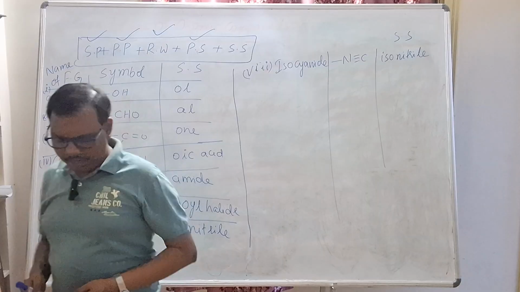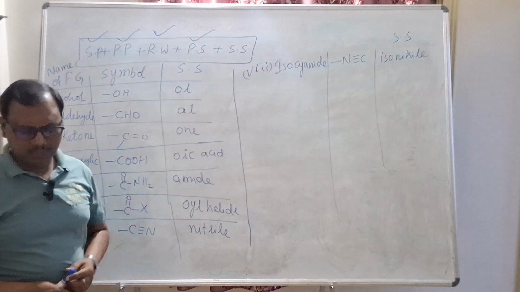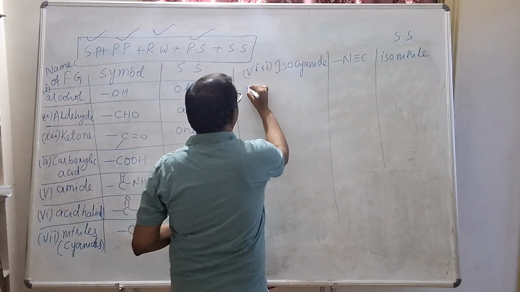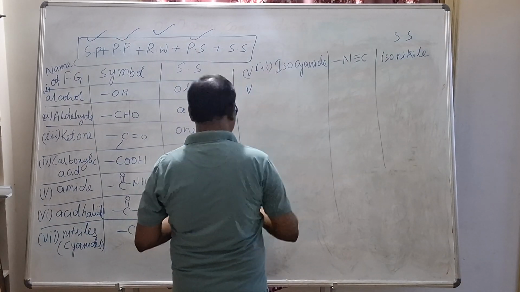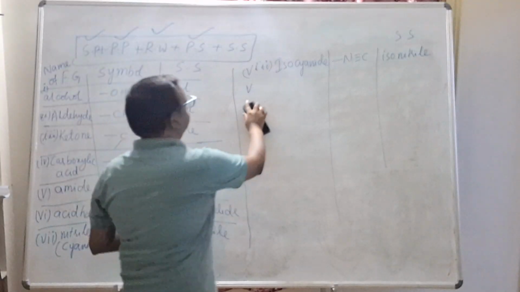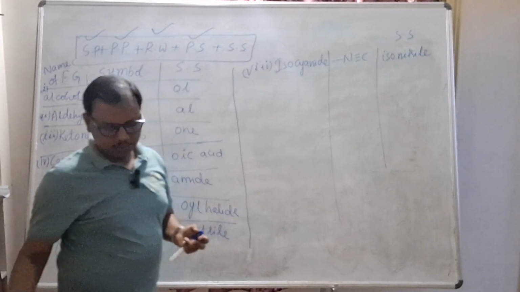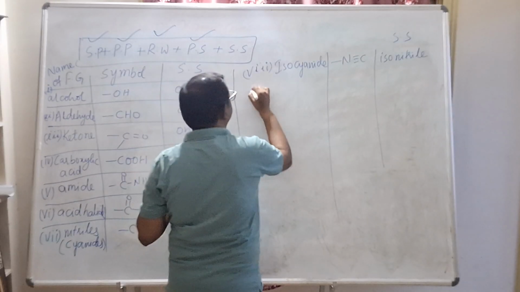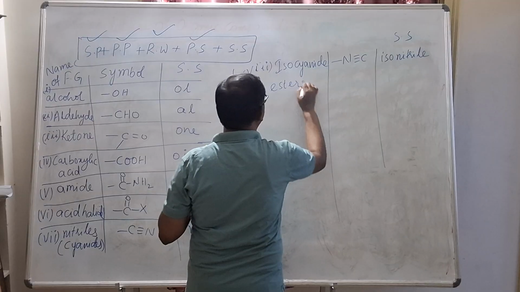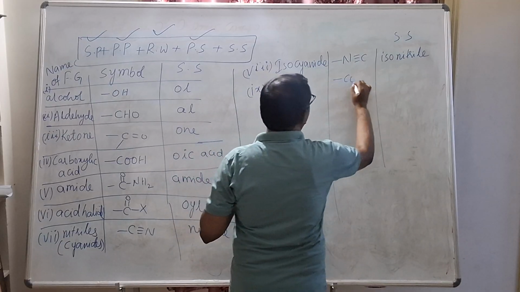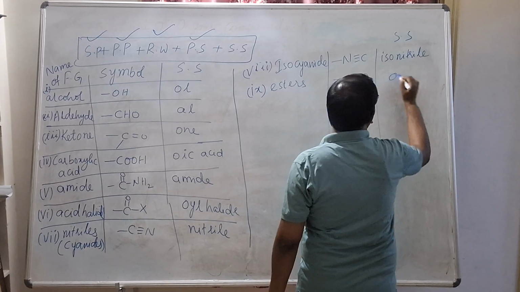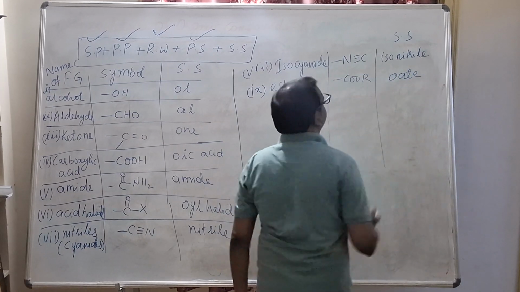The ninth one is ester, COOR. We call it oate: alkyl alkanoate.